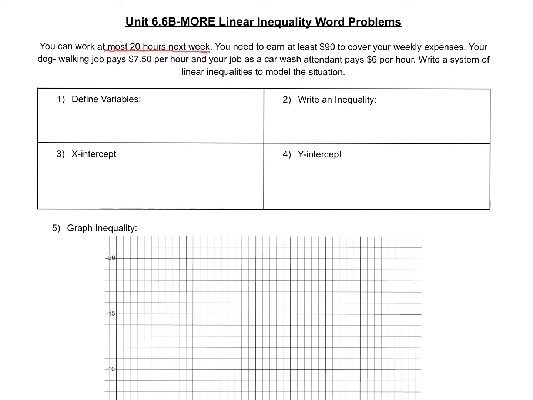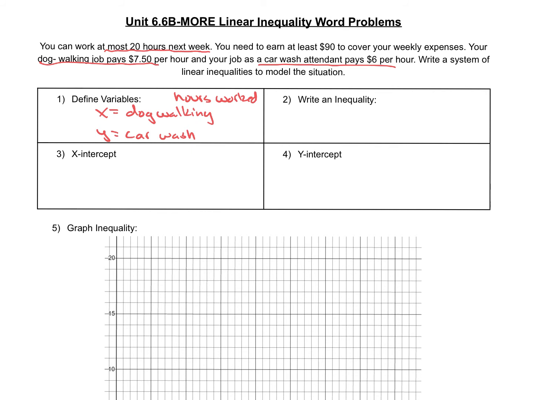We're working at the job as a car wash attendant and the job dog walking. So if we look at X, we can call that dog walking. And if we look at the other one, Y, we can look at car wash. Okay, now both of these are talking about the hours worked, so we have to keep that in mind.